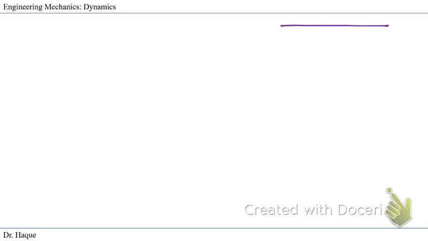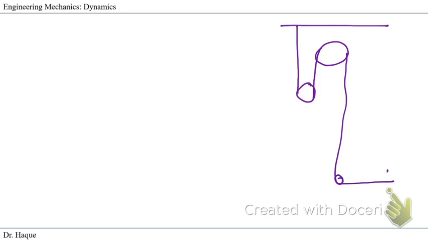So again, we have the pulley, the bigger pulley goes down, a smaller pulley goes to a block, the floor, a pulley hanging from there, the weight of block B, and then this is block A.